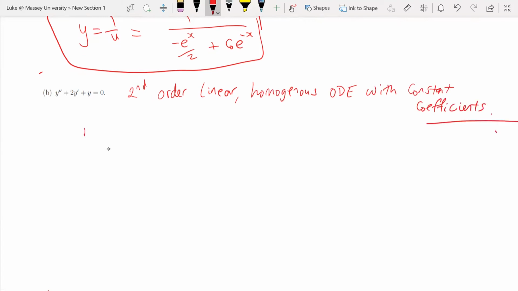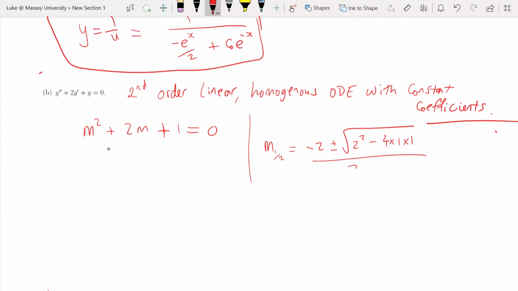We can write down the auxiliary equation, m squared plus 2m plus 1 equals 0. We can put that into the quadratic formula. So, okay, let's do that. So m1, m2 is equal to minus b, so minus 2, plus or minus the square root of 2 squared minus 4 times a, which is 1, times c, which is 1, all divided by 2 times a, which is 2.